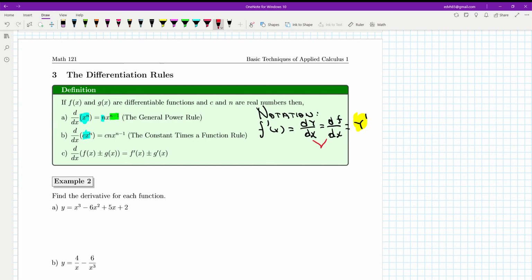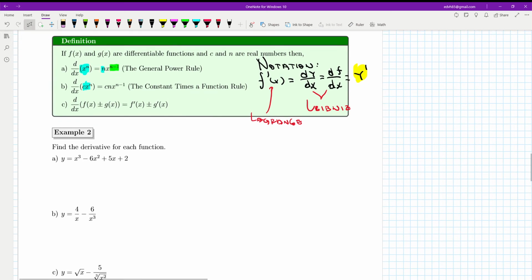The one that involves the ratio dy to dx is Leibniz notation, after the mathematician Leibniz, and the prime notation is the Lagrange notation, after another mathematician with the last name Lagrange. But I'm going to use the y prime.